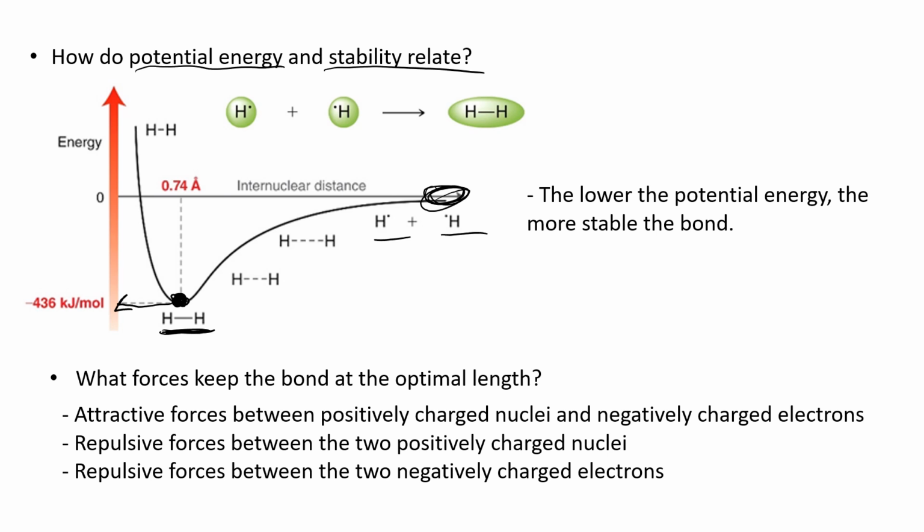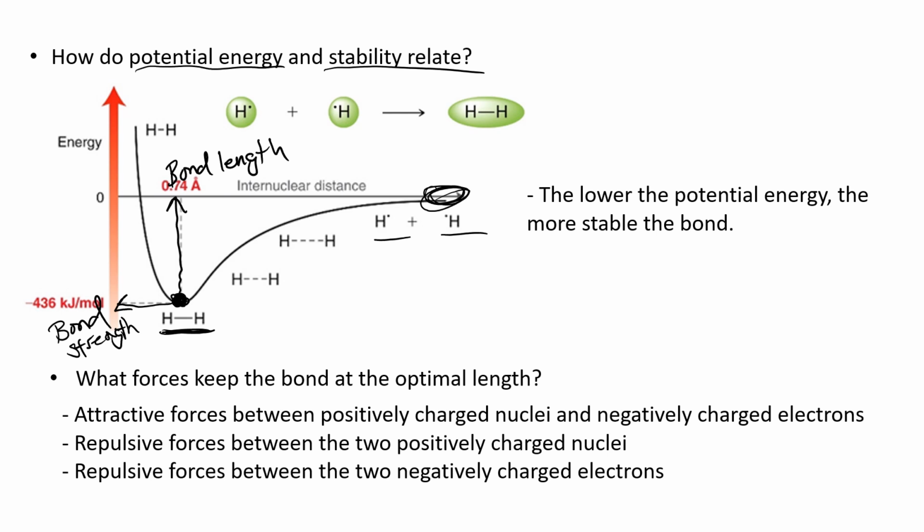So at the point where the 2 atoms have released the most potential energy, we say that this would be the bond strength, or the energy required to break that bond. It's equal to the energy released in forming the bond. And if we come up to the x-axis, this would be the optimum bond distance. So we have bond length and bond strength.